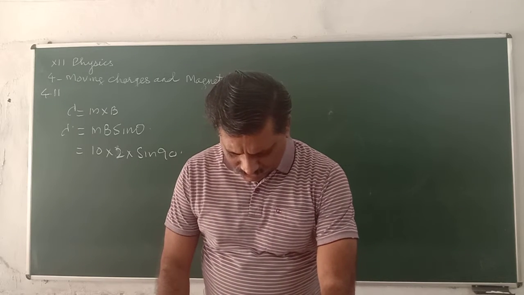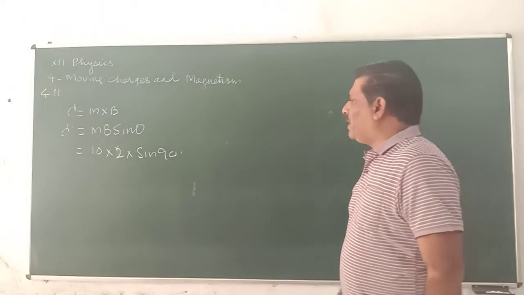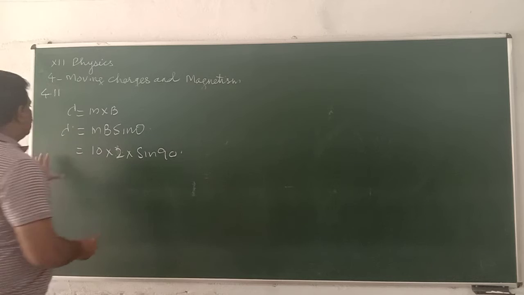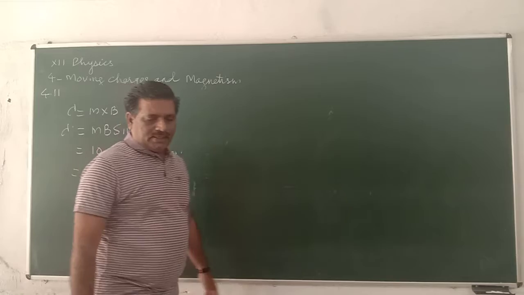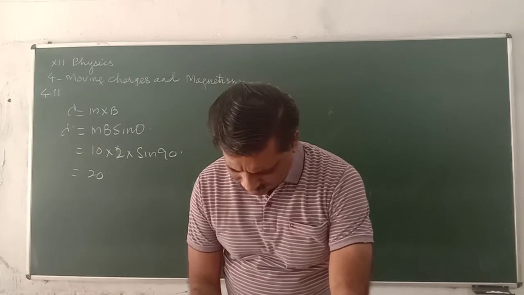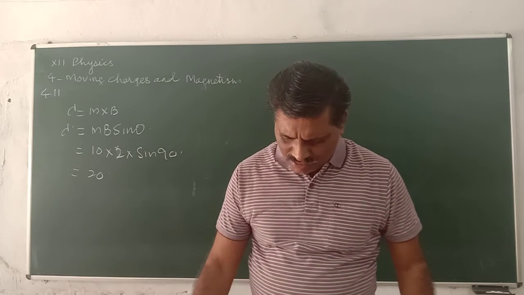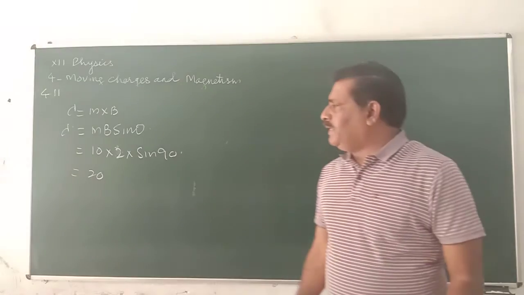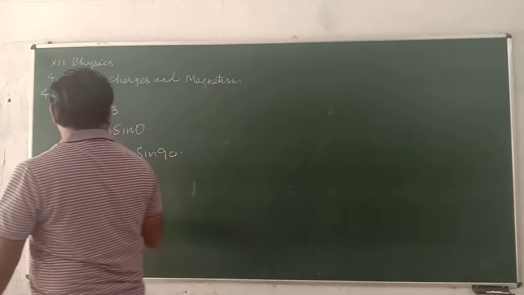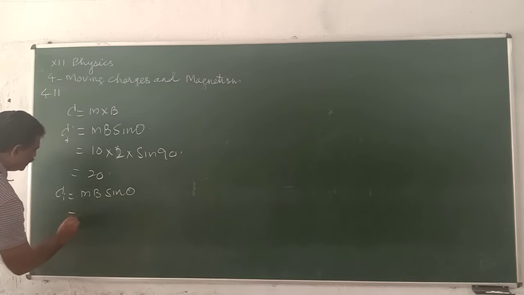Initially theta is 0 and finally it is rotated by 90 degree, so the final torque becomes 20. Initial torque is equal to MB sine 0, which is equal to 0.